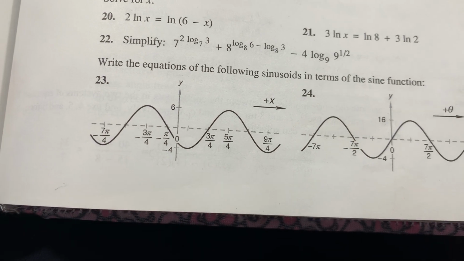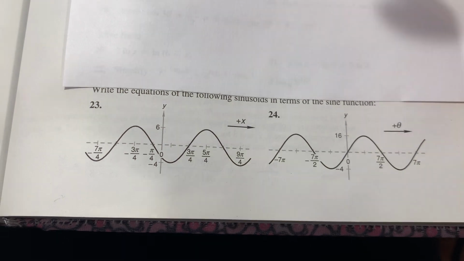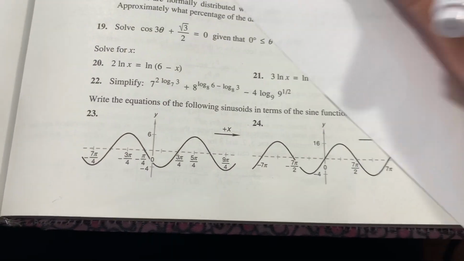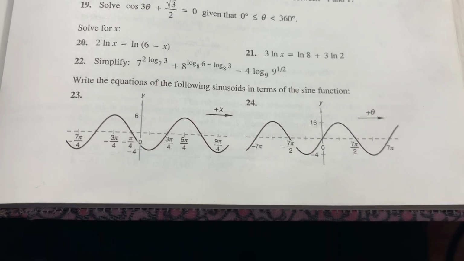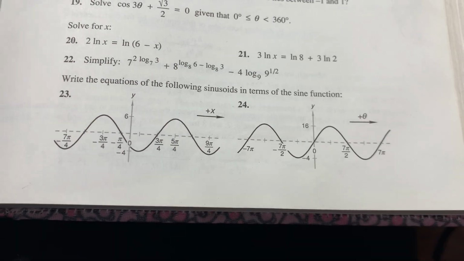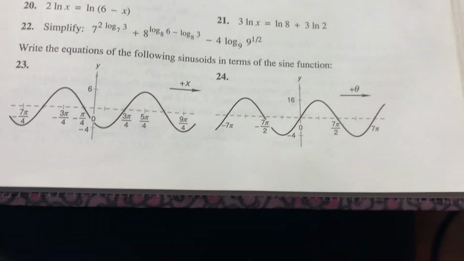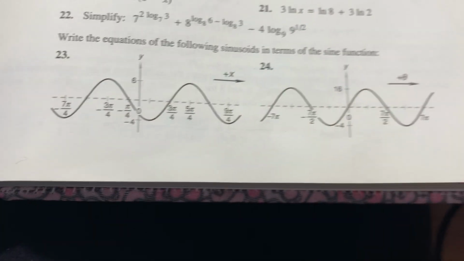So what I'm going to do first is solve for what a is going to be equal to. Now a is going to be equal to the midline, so where the x and the y axis are crossing. And the way you evaluate it is you take the top number and the bottom number and you find the midpoint between them.